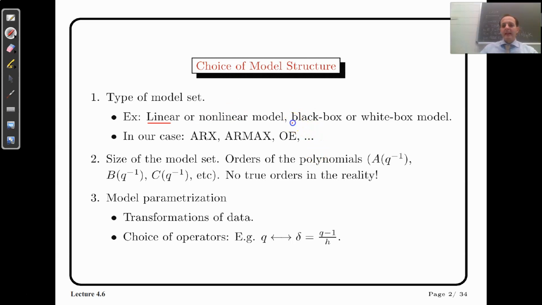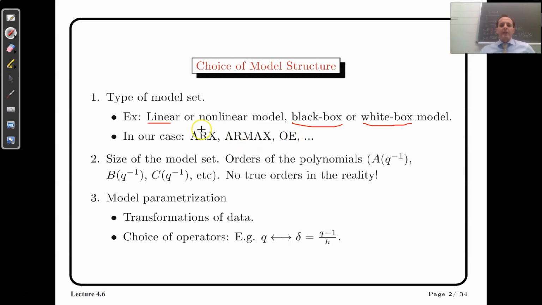And then we assume that we have the so-called black box models, because normally the parameters and the structure are not known, as opposed to the white box model. The white box means that everything is known, is available.